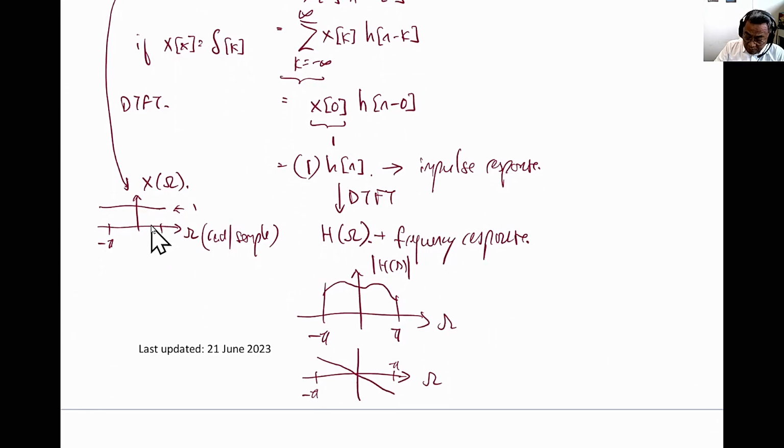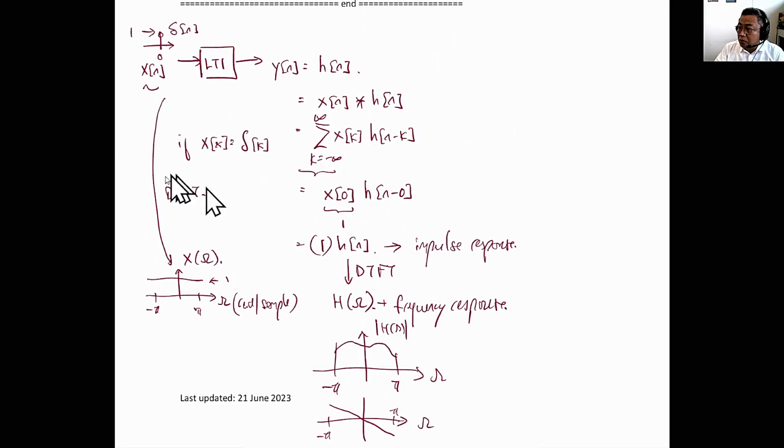It tells us how complex exponentials at different frequencies will respond to this LTI system through the changing of their amplitude and phase. So the way to understand why the impulse is important is to study it in the frequency domain. In the frequency domain, the impulse is all 1 at all frequencies. It has the same amplitude and 0 phase at all frequencies.